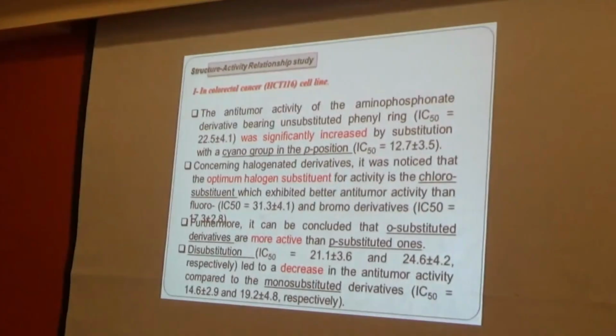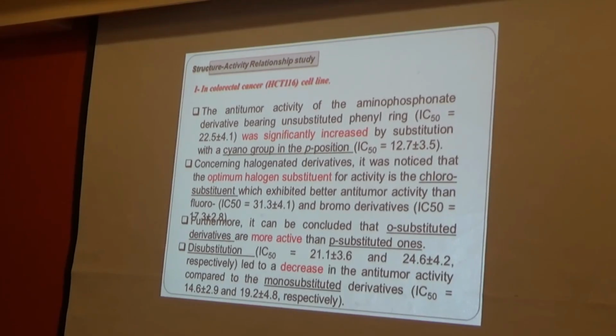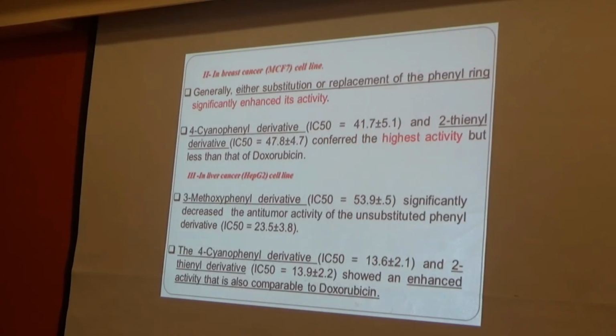Structure-activity relationship study. In colon cancer cells, the antitumor activity of the aminophosphonate derivative bearing an unsubstituted phenyl group was significantly increased by substituting with a cyano group in the para position. And the chloro derivative is more cytotoxic than fluoro and bromo. Furthermore, ortho-substituted is more than para-substituted, and di-substituted is more than mono-substituted.